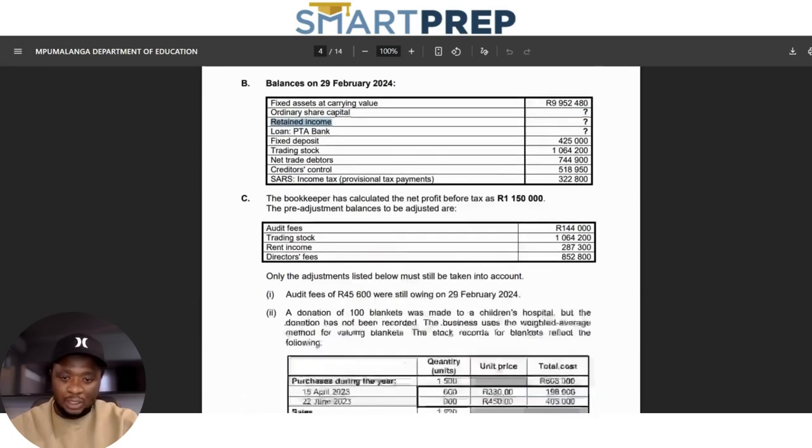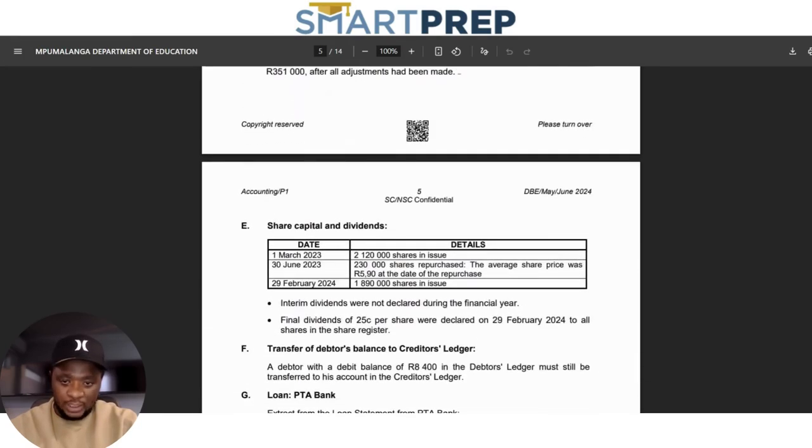We don't know. And something else we also don't know is that these shares had an average issue price of R5.90, but we don't know how much they were repurchased for. They could have been repurchased for R7, for R10. So in this case, we don't have enough to work out our retained earnings at the end of the year because of those two things.